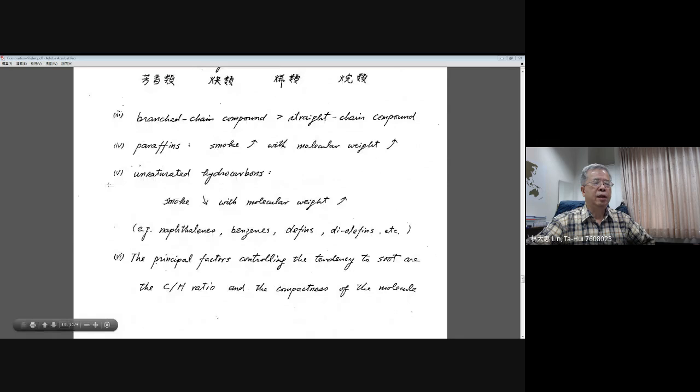And as we described for the unsaturated hydrocarbon, as you increase molecular weight, you will reduce the carbon hydrogen ratio, which means that you will have more chance to reduce the smoke.